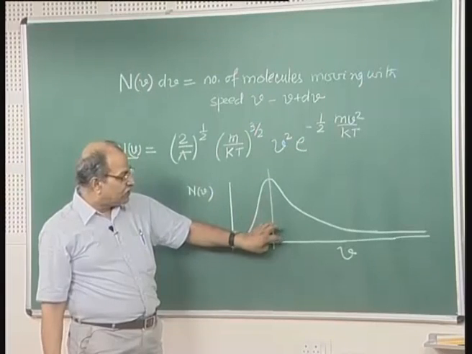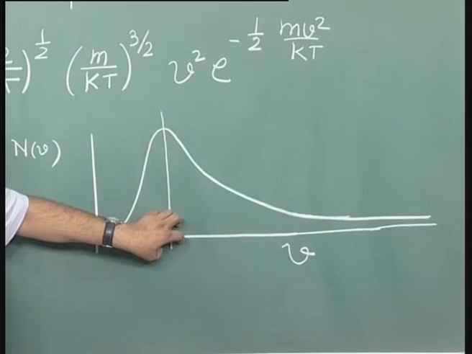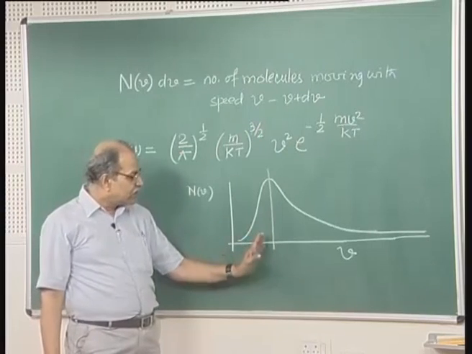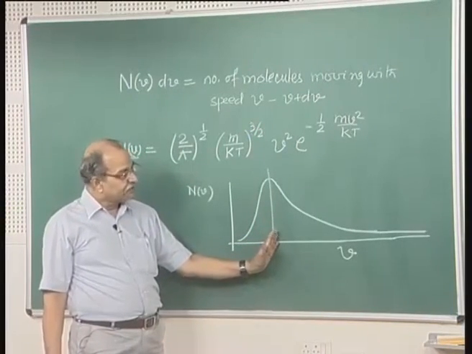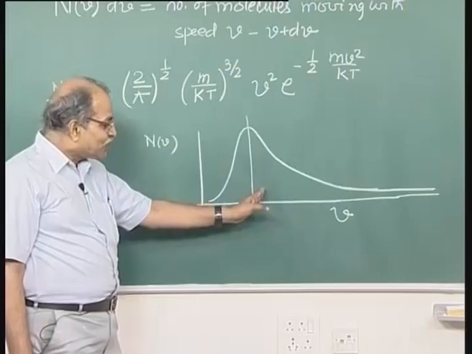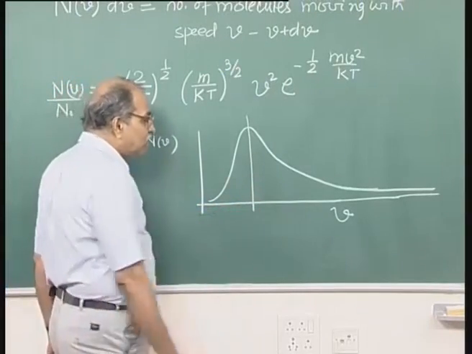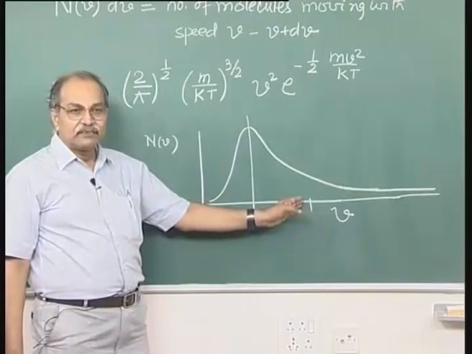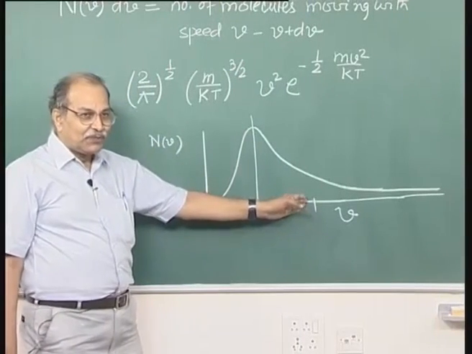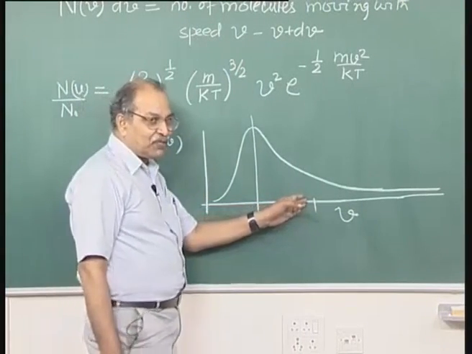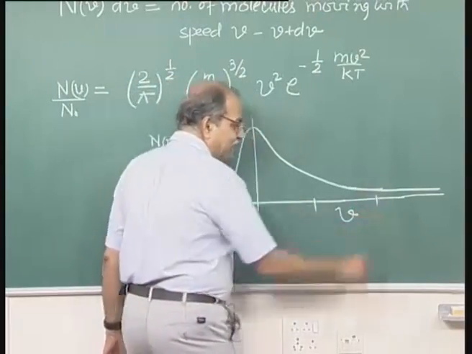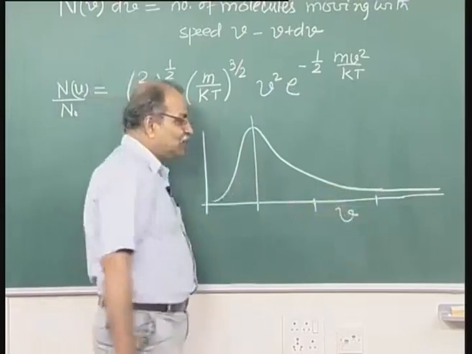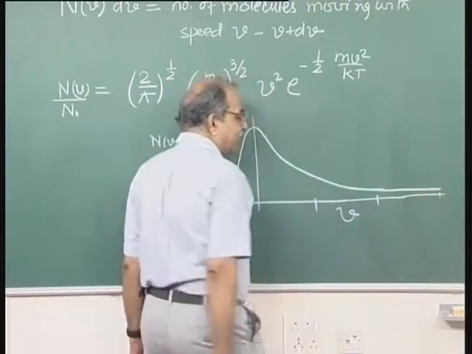The average will also be around this region, that 3 by 2 kT will be around this region, a little bit shifted from here. But then you also have molecules with this velocity, which is much higher than the average speed. You also have molecules with this speed, which is even higher than the average speed, and so on.